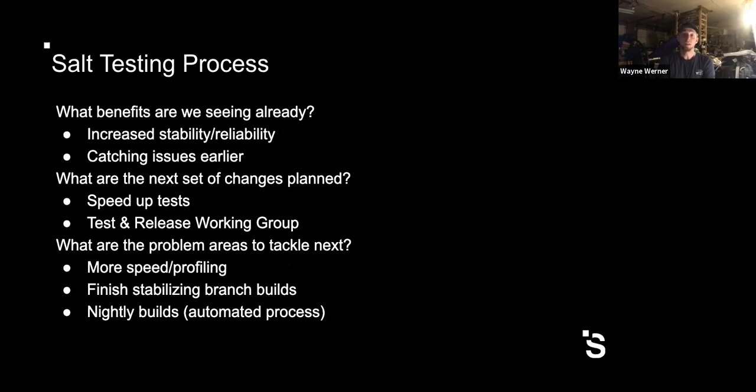One of the things that we have done, and Megan touched on this, is that one of the issues we've seen in the past is that when it comes time to cut a release, there are a lot of failing tests on a branch. So what we've decided to do is require all of our tests to be passing before we merge a pull request.